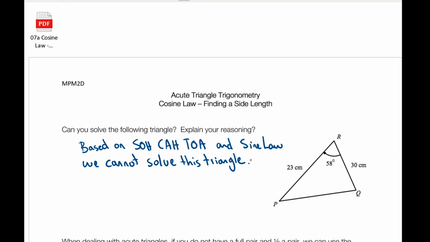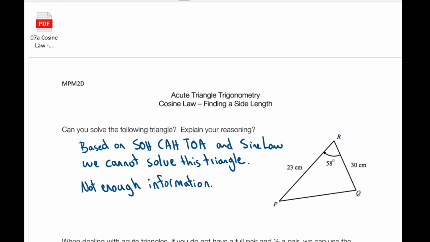And again, the reasoning for this is there's not enough information. So there's not enough information for us to be able to solve this based on what we already know, or based on what we know so far. And that's where the new law is going to come into play.